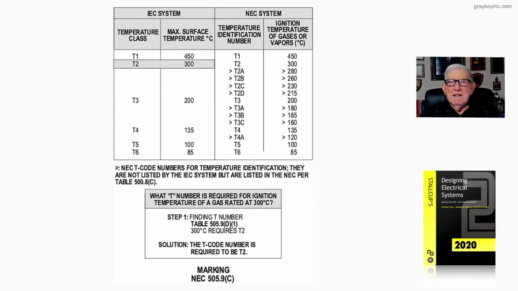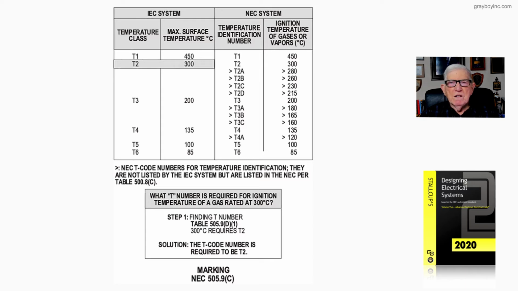But now the NEC system, notice that we'll have a T1, T2, and then we'll have 2A, 2B, 2C, and 2D there. We have more T-code letters on our equipment that's available to you with different temperatures than you would have in the IEC. And you can see that. You see how those temperatures are, the ignition temperature of your gas or vapor in Celsius that you see here.